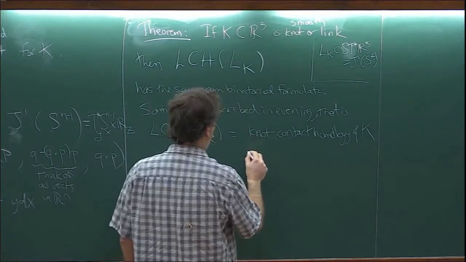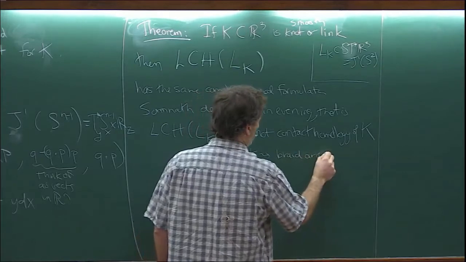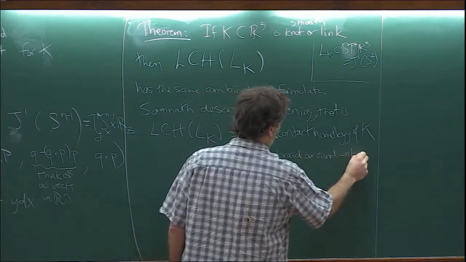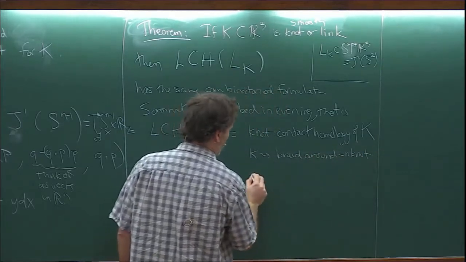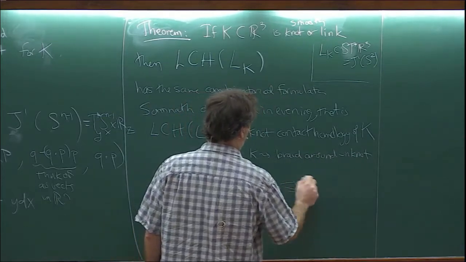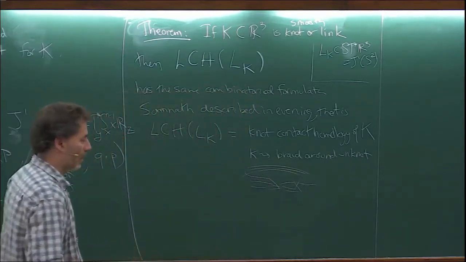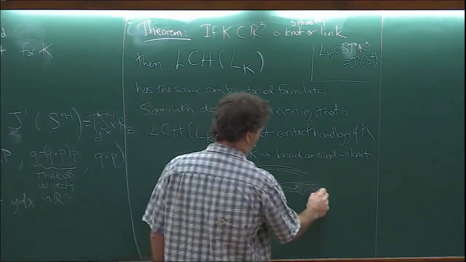Basically, you take the knot and you braid it around the unknot. You can always do this. So something like that. This is supposed to be a braid, by the way.